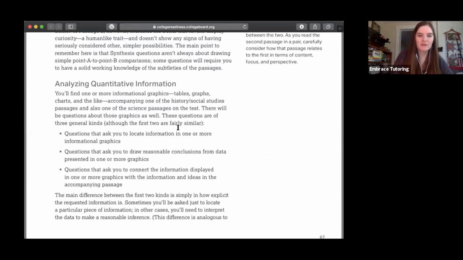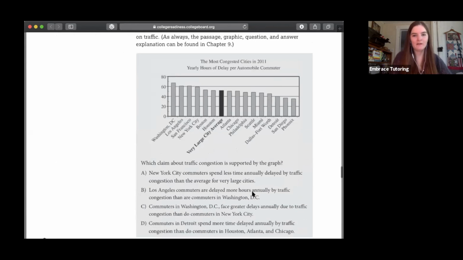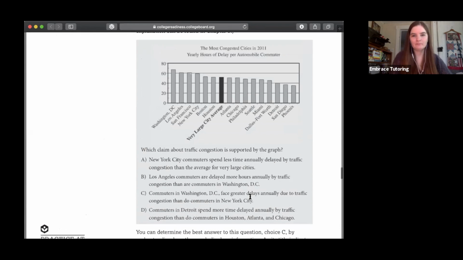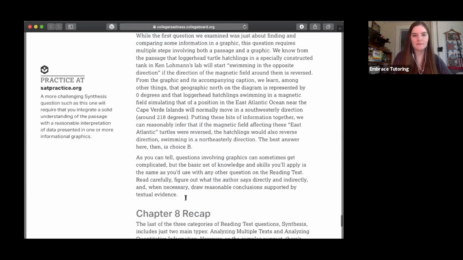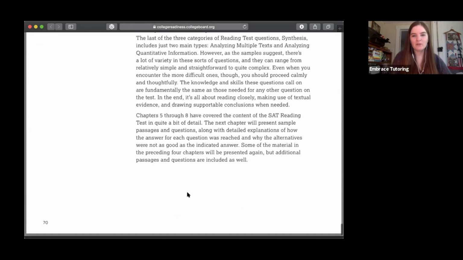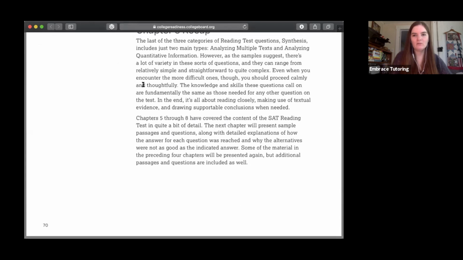And they do give you a little breakdown about analyzing quantitative information, so analyzing numbers and data that is being used to support what an author is saying. Okay. Yeah, data reasoning type questions. So that's really what this synthesis chapter was about.